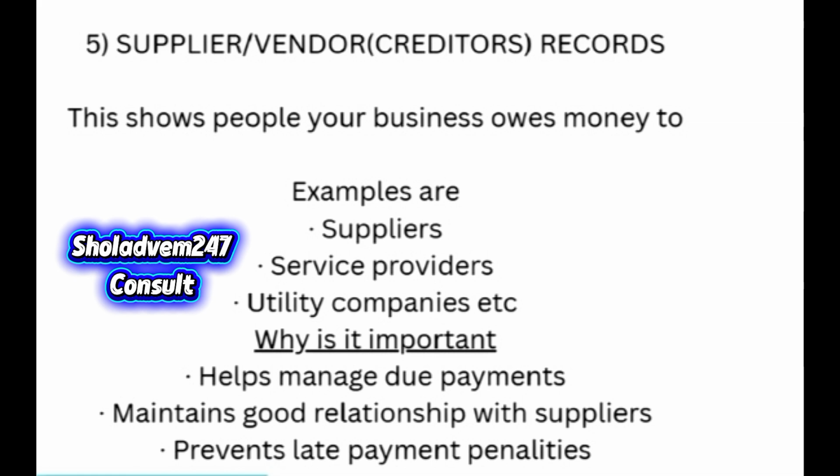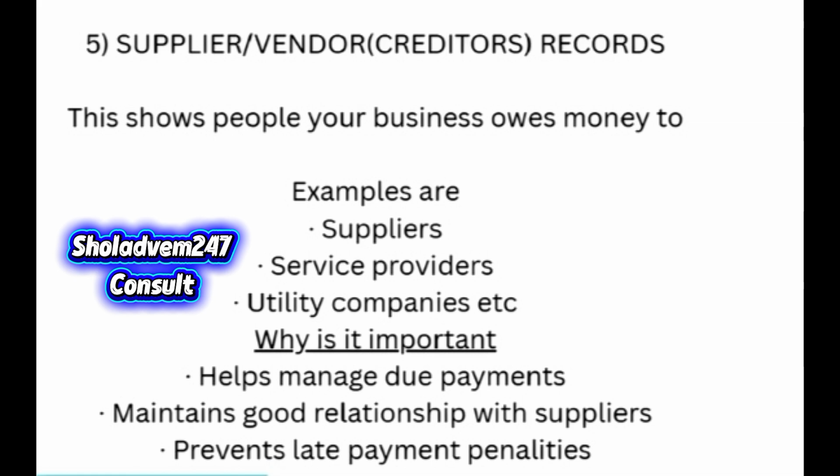Examples are suppliers, service providers, utility companies, and so on and so forth. Why is it important? It is important because it helps to manage due payments and maintain good relationships with suppliers. It also prevents late payment penalties.